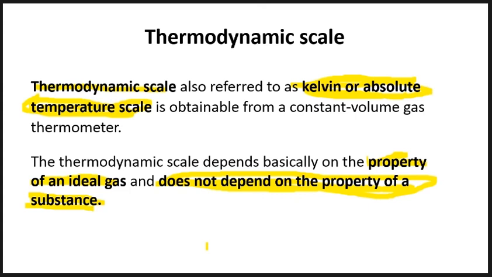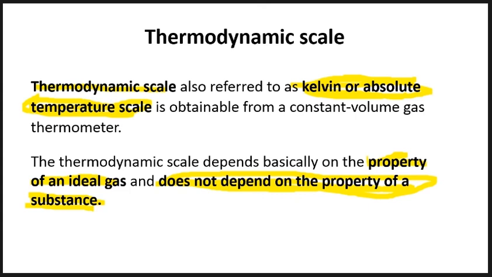Okay, so at this point in time, based on this peculiarity of the fact that the thermodynamic scale doesn't depend on the property of a substance, we can use this to distinguish the thermodynamic scale from other types of temperature scales.